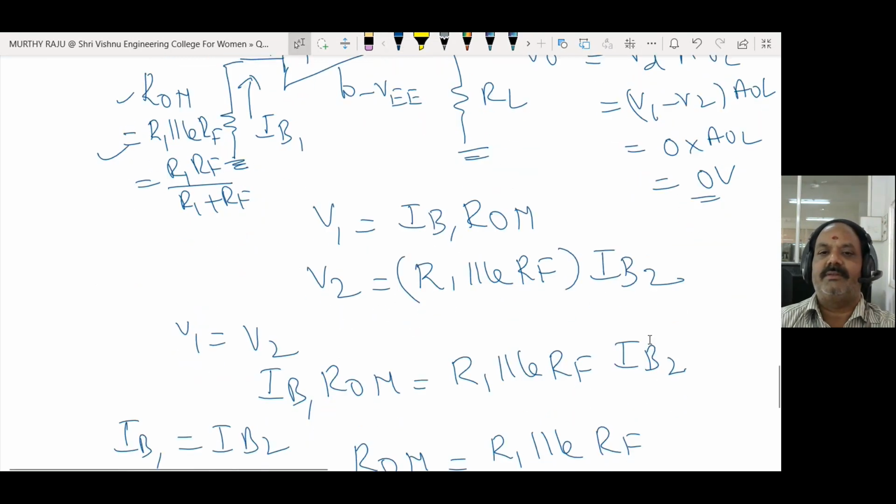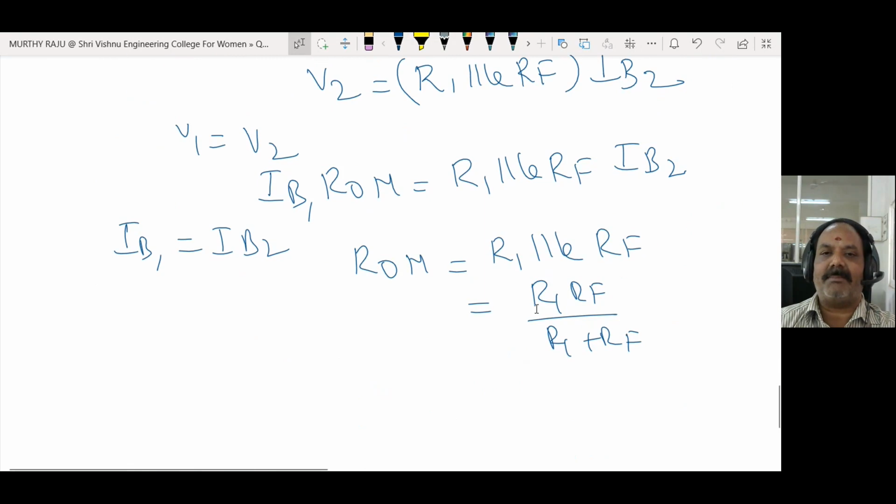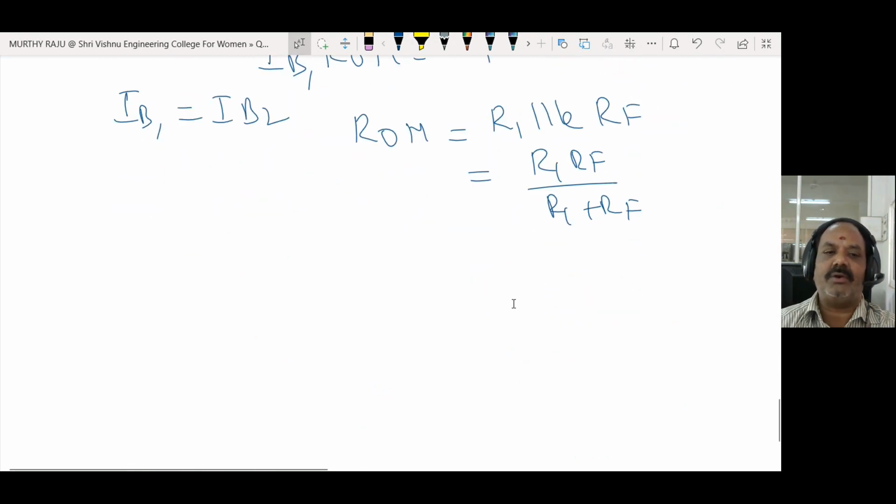The condition applied here is IB1 is equal to IB2.